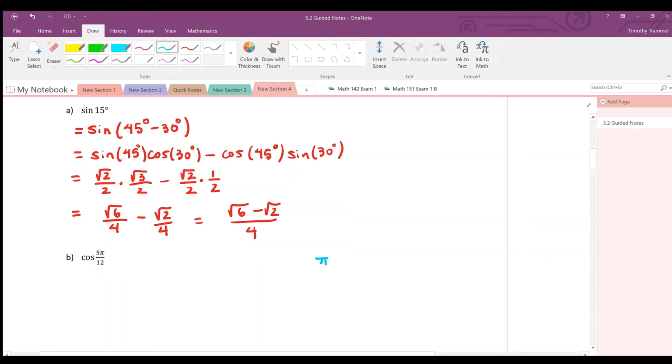We have pi over 6, pi over 4, pi over 3, pi over 2, 2 pi over 3, 5 pi over 6, pi, and I think we have a big enough list here now. But you want to try and add and subtract pairs of these, and hopefully you can find a combination that'll give you 5 pi over 12.